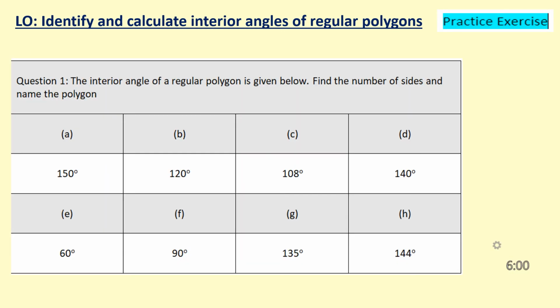More practice exercise questions now. All the steps that you've been practicing, 6 minutes. Don't forget to keep it nice and neat, ready to send to your teachers. So pause now. Press play when you're ready for the answers.